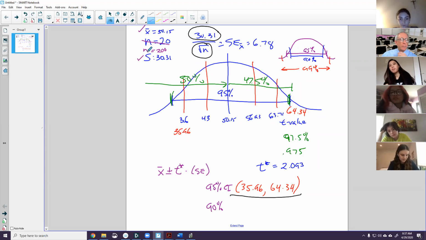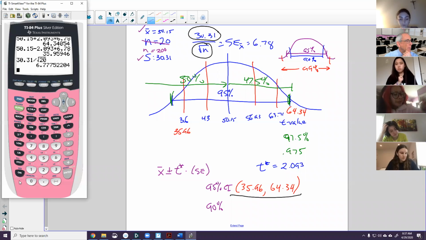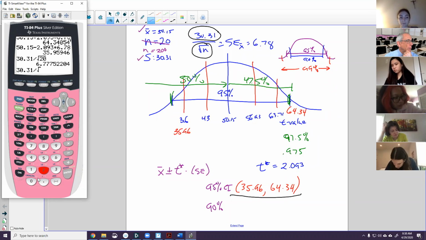Yeah, Yvette, tell me. It would be narrower because the larger your sample size, the less variability you have. Does everybody see that? If I was dividing 30.31 by the square root of 200, well, let's just do it and see what we get. I take 30.31 and divide it by the square root of 200.